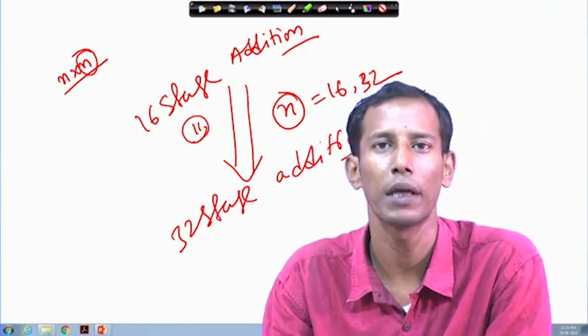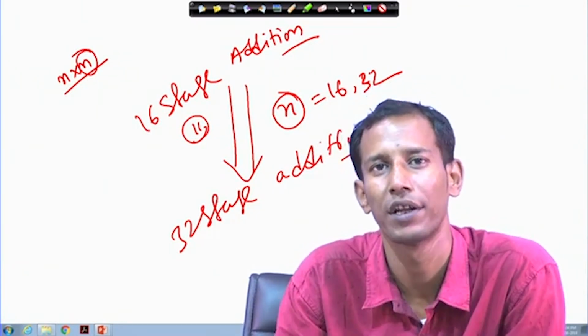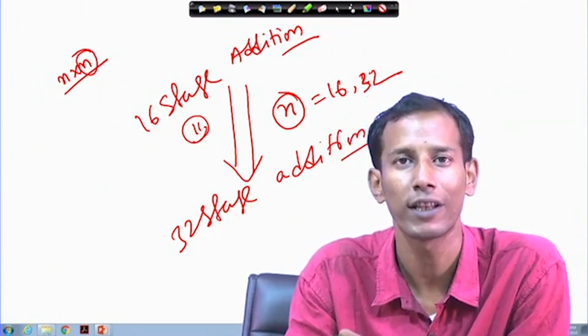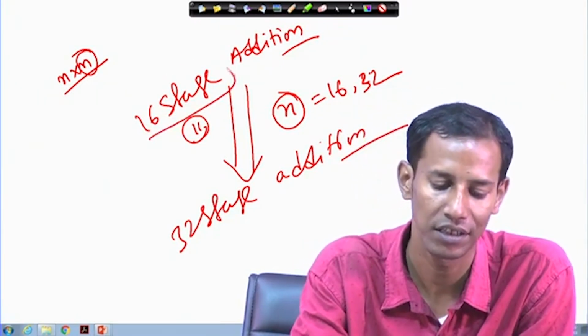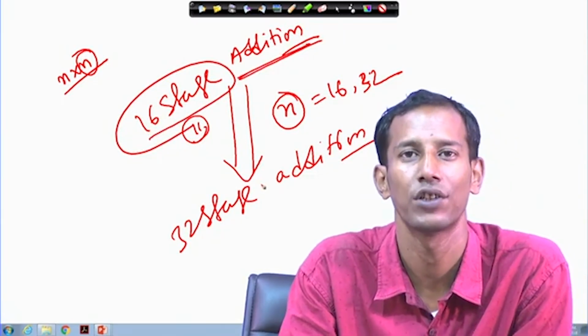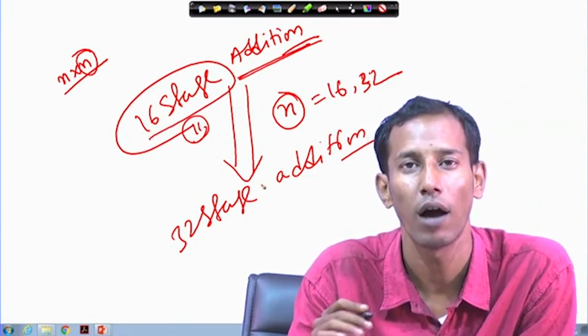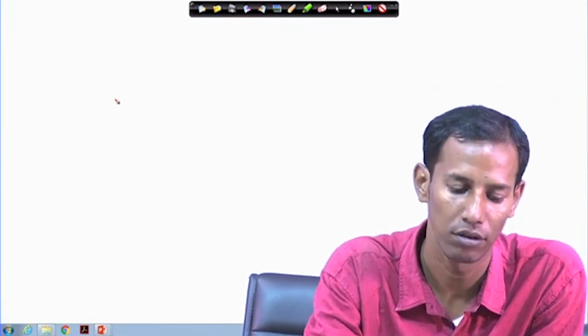That is why we have used this Booth's decoding technique to further reduce the number of stages of this chain of addition operations. How have we reduced it?